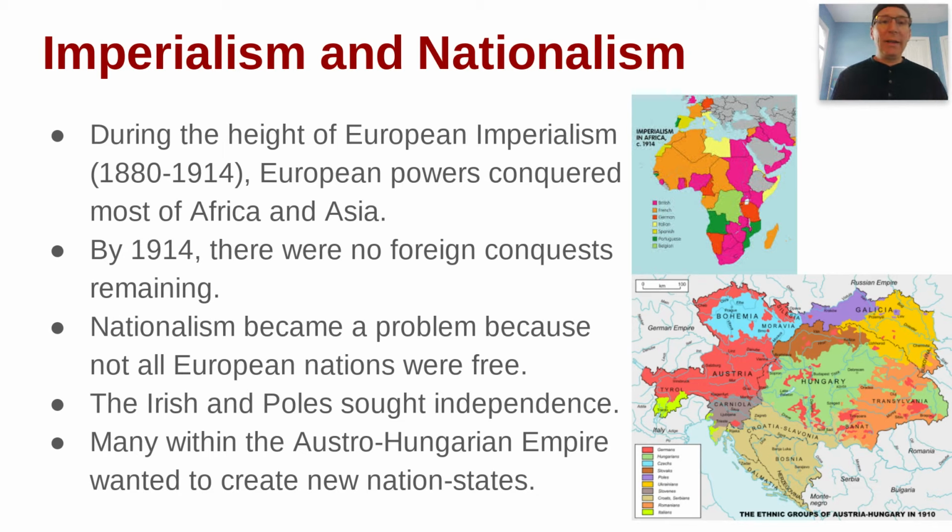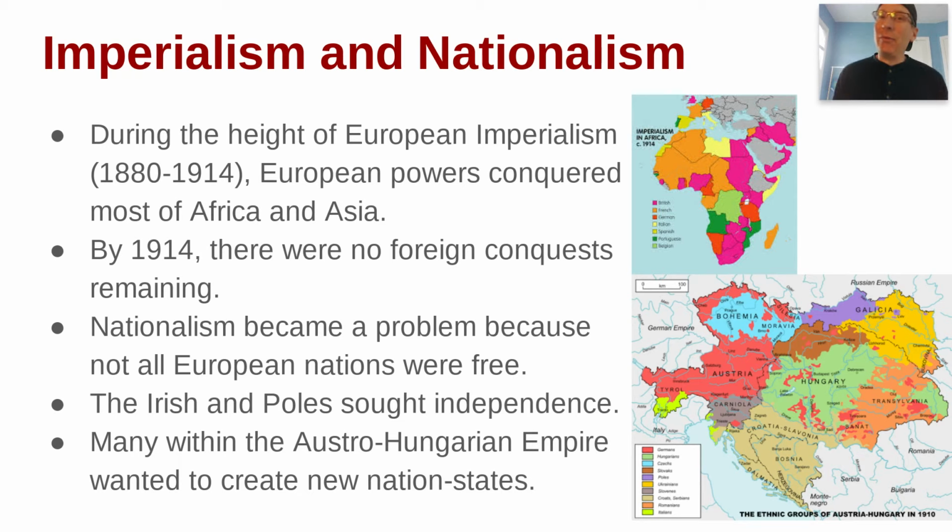Now, nationalism also becomes a problem because even within Europe, there were nations, groups of people, who were not nation states. That is, they did not have independence. And Europe was all about nationalism, in a way, for themselves, if they're the ones in power.